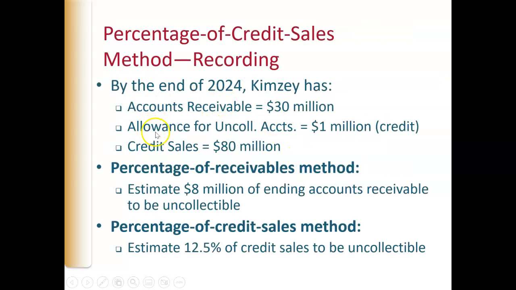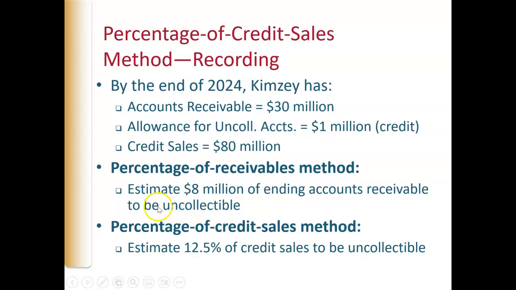So, at the end of 2024, if Kimsey has accounts receivable of $30 million, with a credit balance in their allowance for uncollectibles of $1 million, and we see credit sales of $80 million. Under the percentage of receivables method, we will estimate $8 million of ending accounts receivable to be uncollectible.